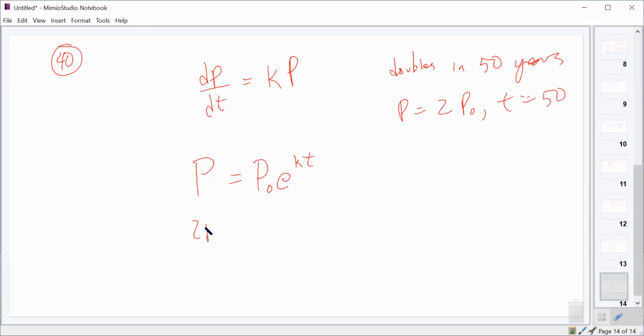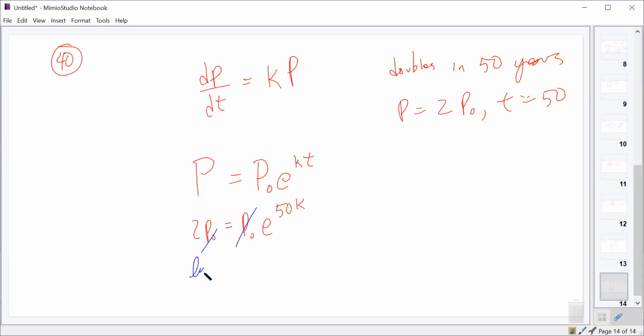So 2P naught equals P naught e to the 50k. That'll let us figure out what k is.